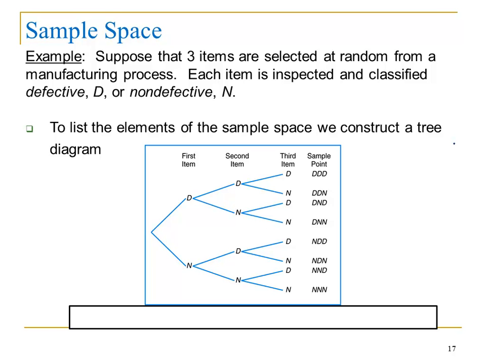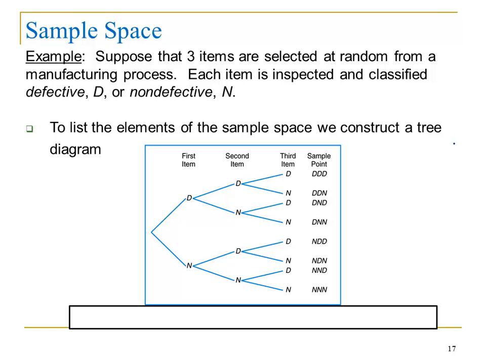So if you think about the first item, you grab the first item, what are the only 2 options that you have for that first item? Exactly, defective, non-defective. Okay, very good. So now you have to go and check the second item. What are the outcomes for that second item? Defective, non-defective.